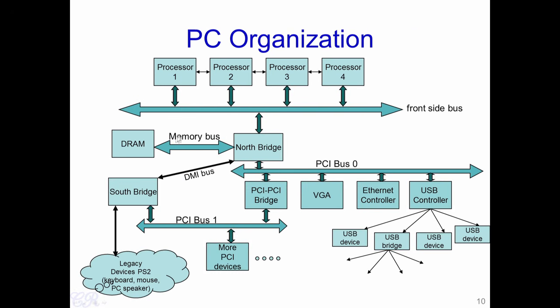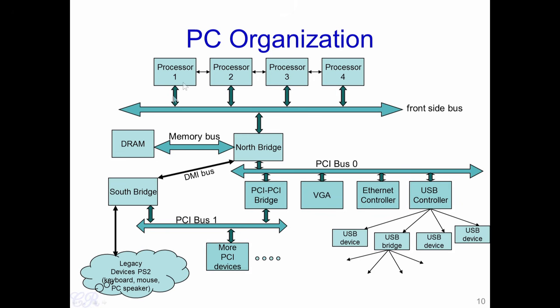So, this particular slide here shows how a typical PC is organized. So, we may have multiple processors present in the system. So, this could be either one processor, two processors, three or four and so on. It could also be possible that each of these processors have multiple cores inside them, and each core has 2 or 4 threads.